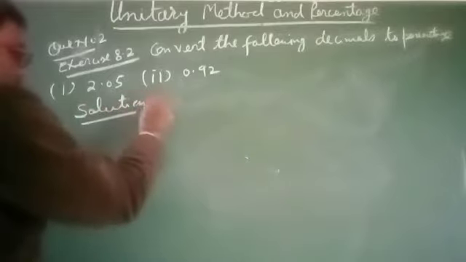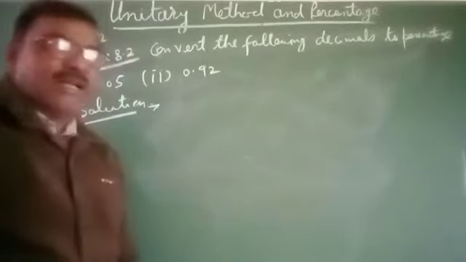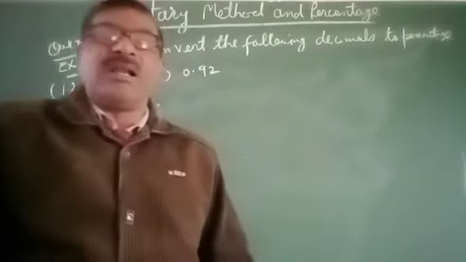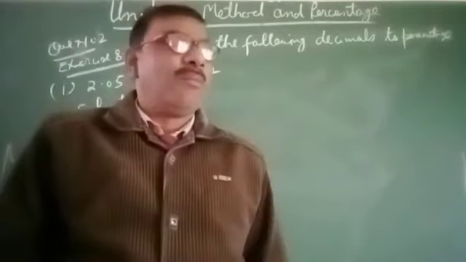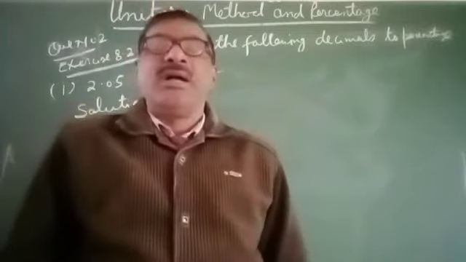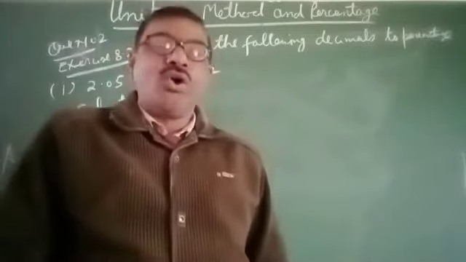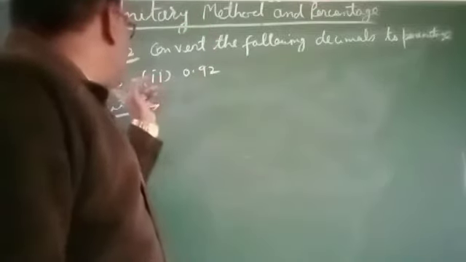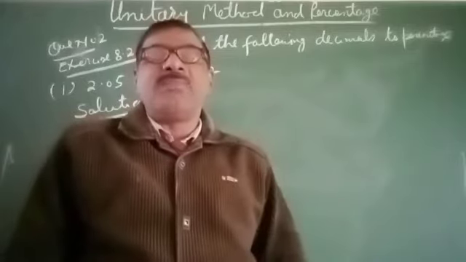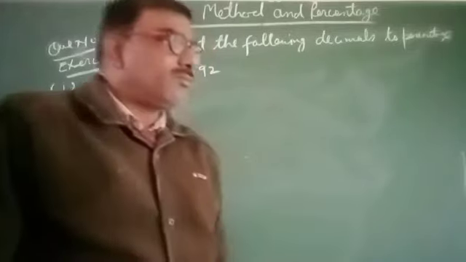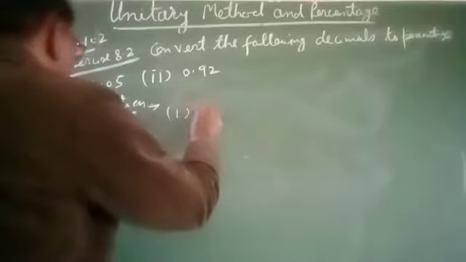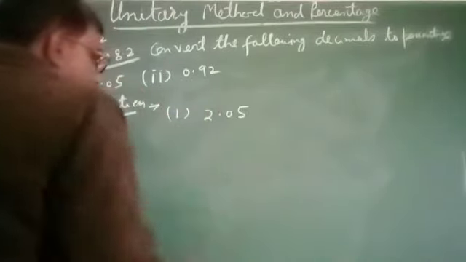Solution. Dear students, in this question we have to convert decimal into percentage. So how to convert decimal into percentage? First of all, I will multiply the decimal number by 100 and write the percentage sign after this. So here is 2.05.